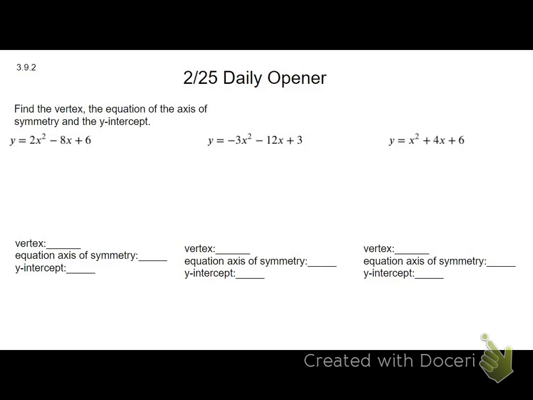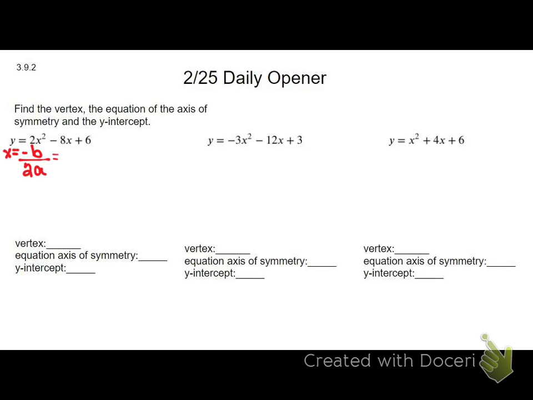So when we're doing this, before I can find the vertex, I actually have to find the equation of the axis of symmetry. So how do I find the equation of the axis of symmetry? There's a particular formula that I'm going to use here. Good. So we're going to have x equals negative b divided by 2a. Okay? And what do I substitute for my b?